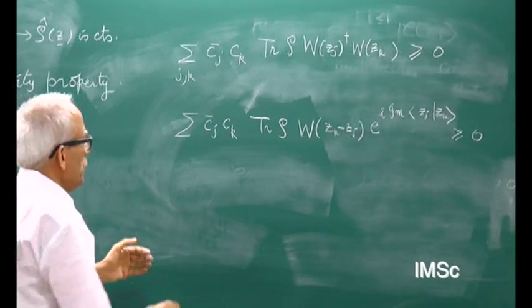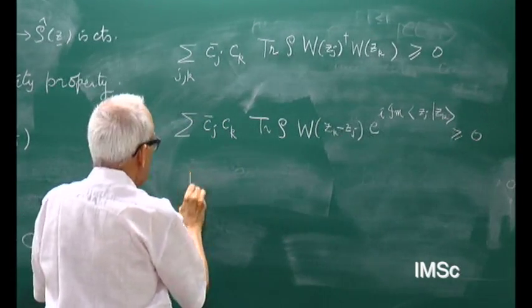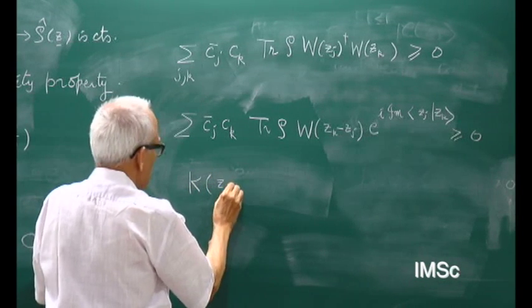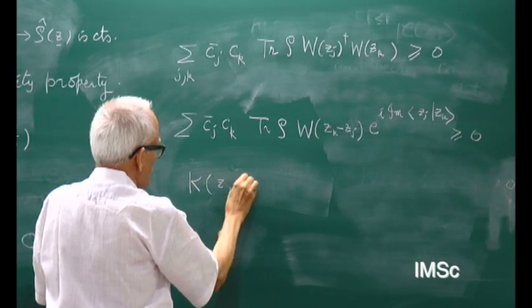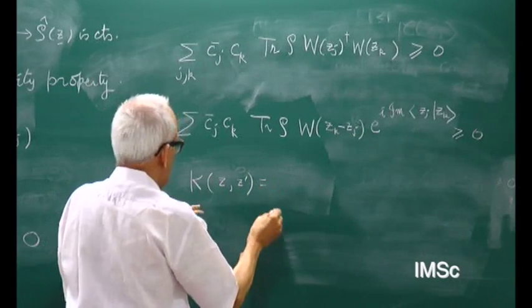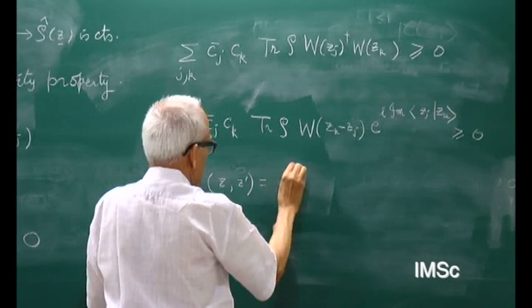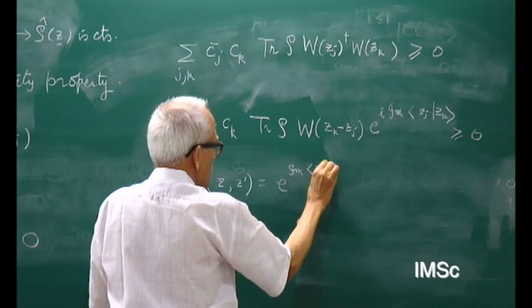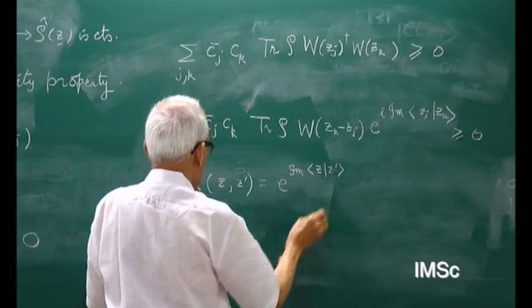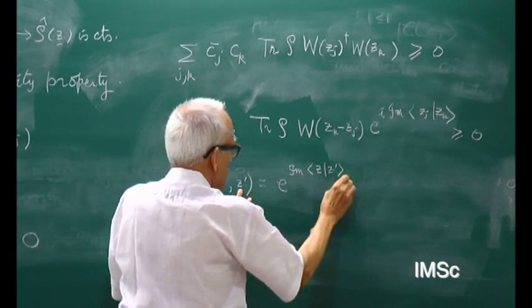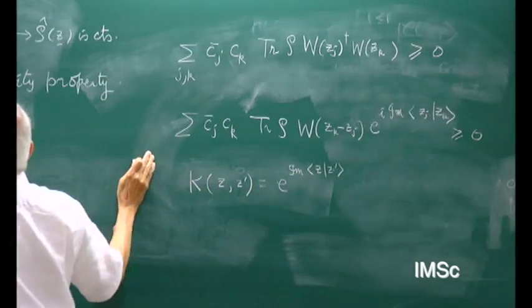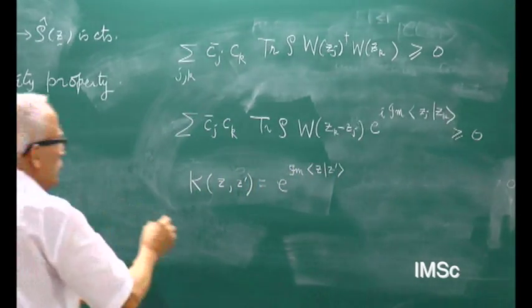Which means, if you define K of z prime, z to be equal to e to the power i imaginary part of z prime, z multiplied by trace rho W hat z, okay.